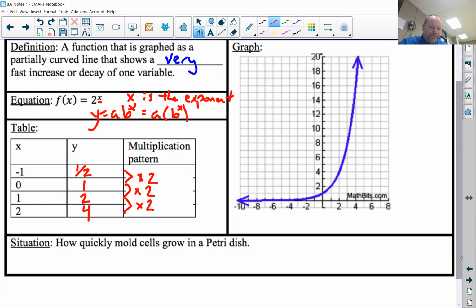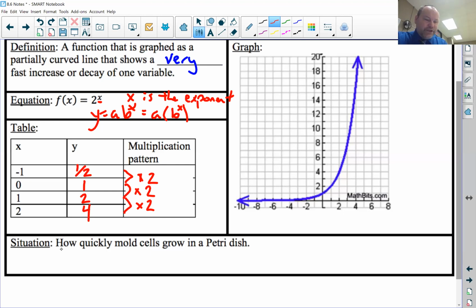So one situation, the change in population often is described as exponential. Okay.